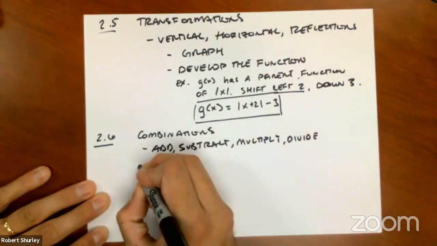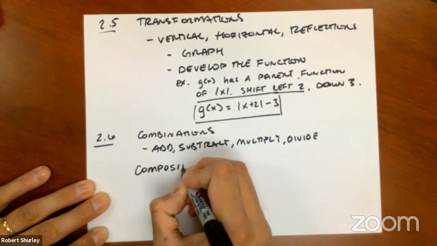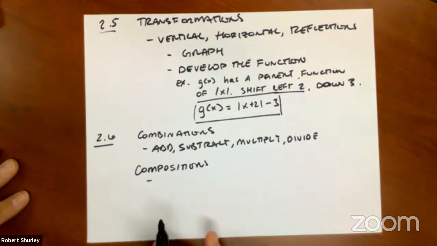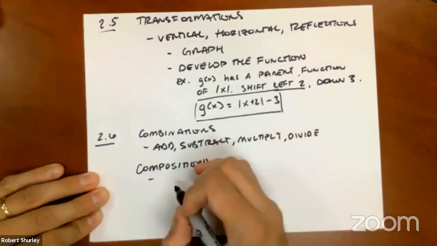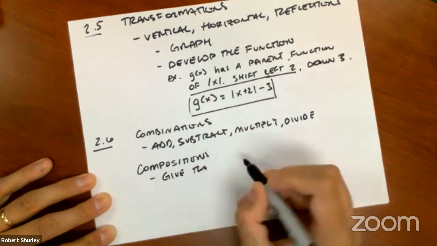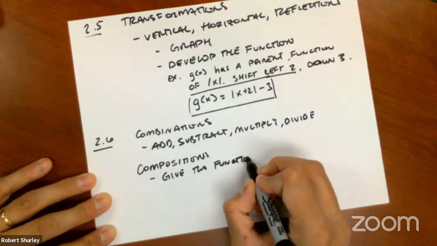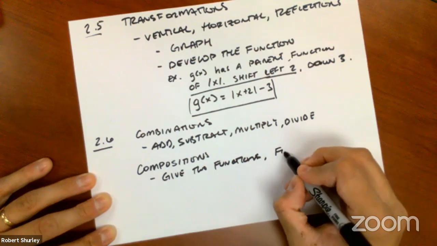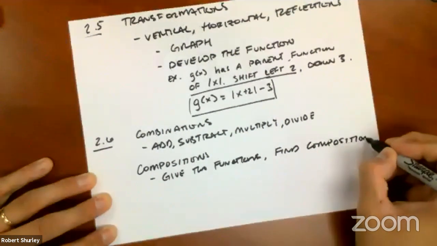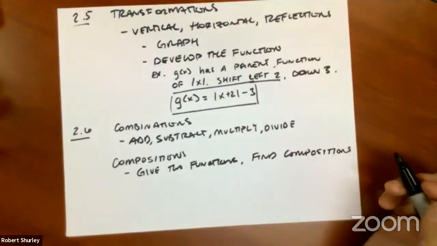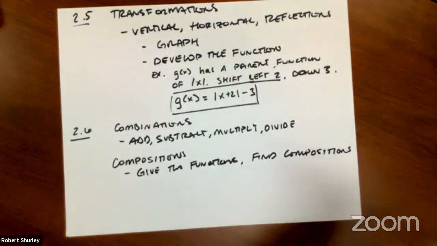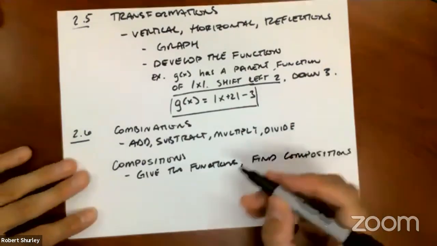Okay. And then the second was compositions. And I'm going to ask compositions 2 different ways. First, I'm going to give two functions and find the compositions. Okay. So given 2 functions like f of x and g of x, do f composed with g or g composed with f. And if you did the homework, you'll know what I'm talking about.